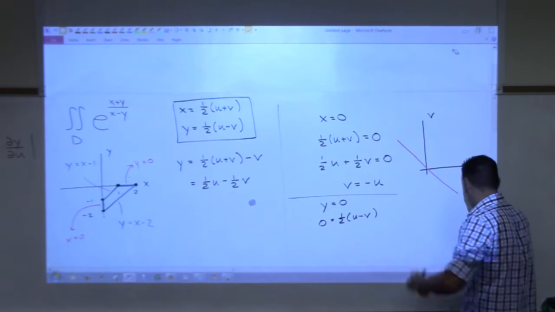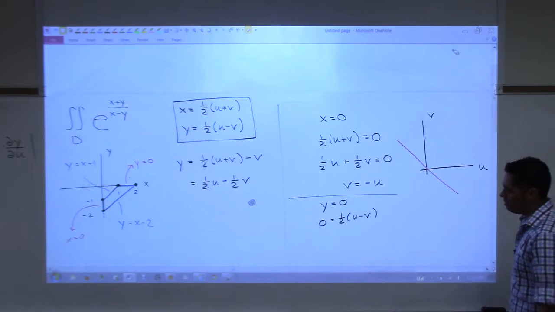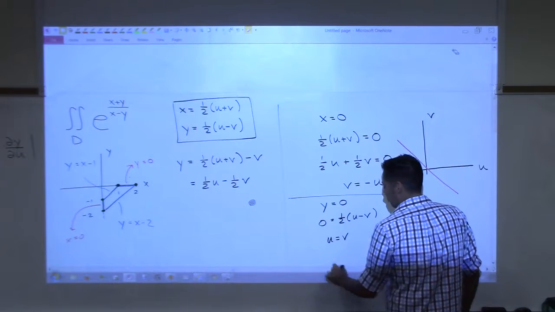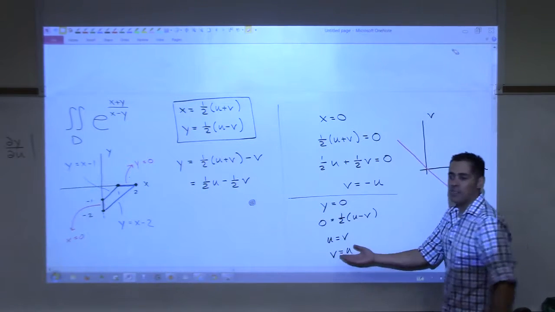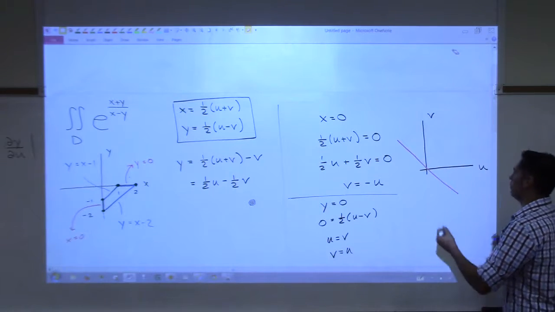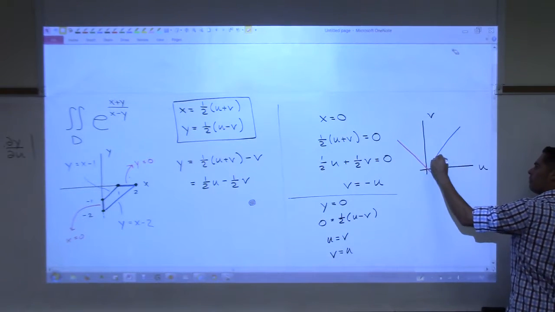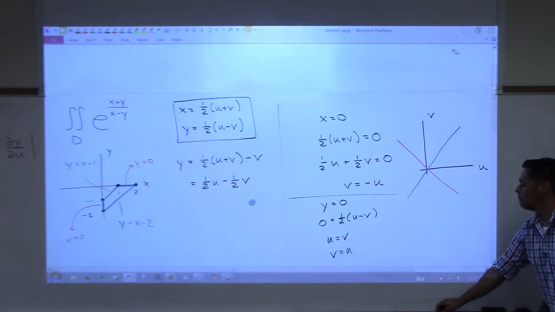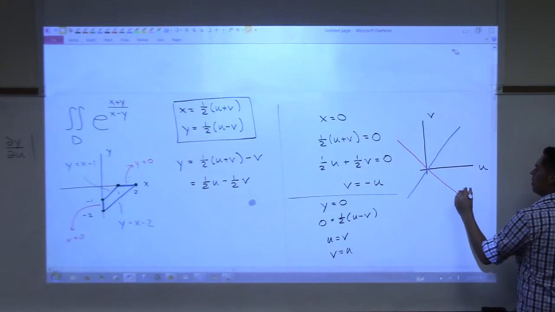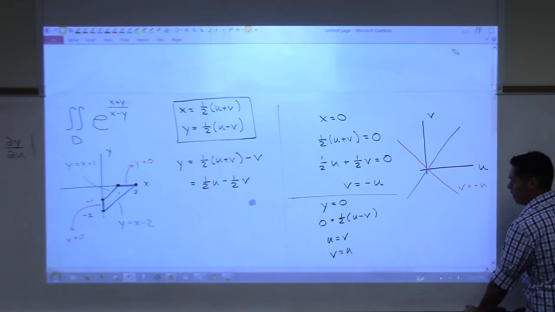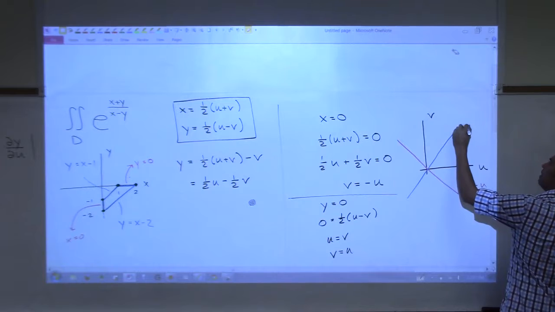And then get rid of the 1/2, multiply both sides by 2. You get u minus v is 0, so u equals v, or v equals u. This is like x equals y, isn't it? So this is the diagonal the other way. Let me label these. This was v equals negative u, and this one was v equals u.